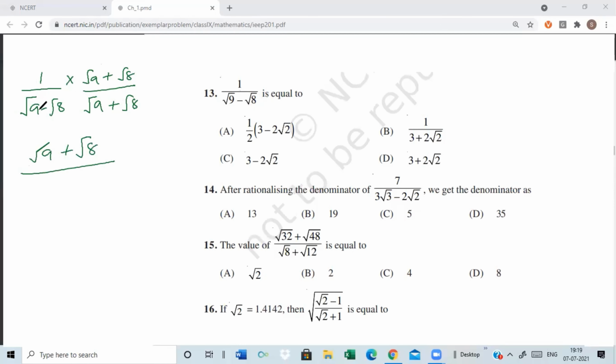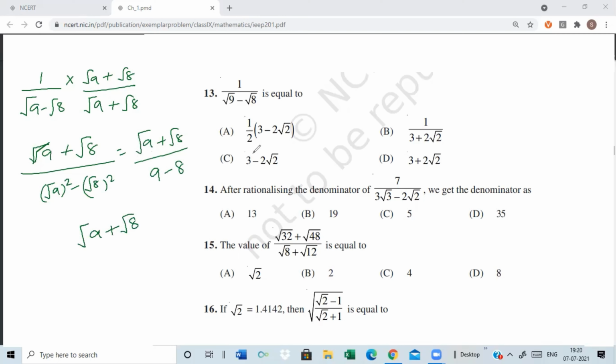Using the a plus b into a minus b identity, we get root 9 squared minus root 8 squared, so we get 9 minus 8, which is 1, right? So we get root 9 plus root 8.